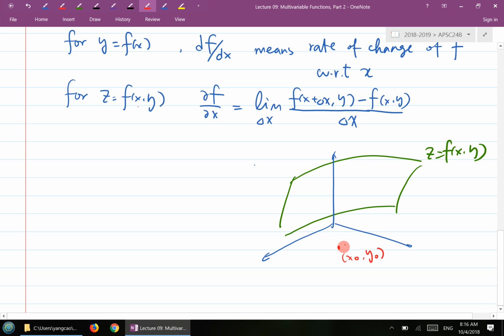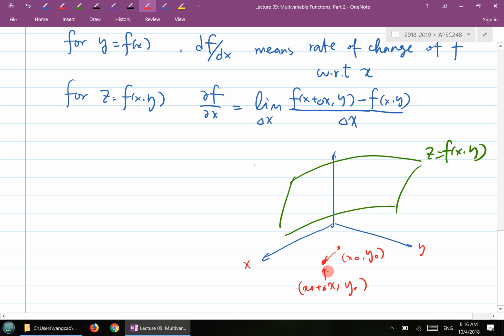So I move in the positive x-axis direction slightly, to x naught plus delta x, and y doesn't change, so I end up over here.